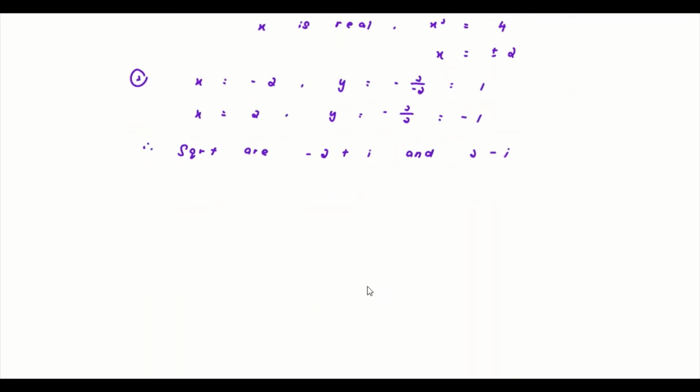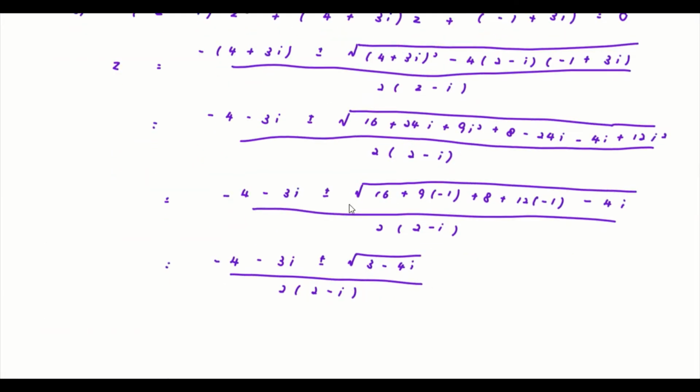Now you might have a doubt. Because I have two answers for the square root just now, am I going to substitute both here? If I substitute both, then I will eventually get 4 answers. But that's not correct, because this is a quadratic equation.